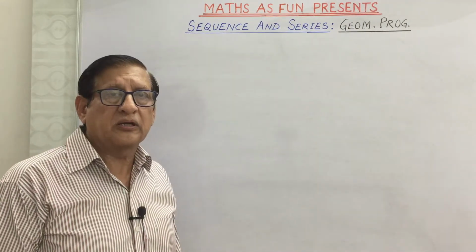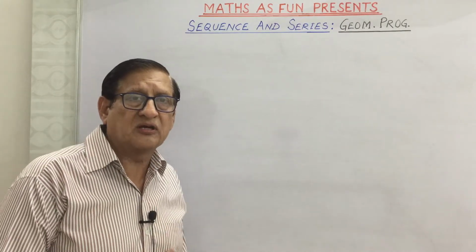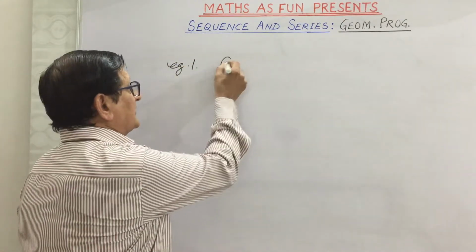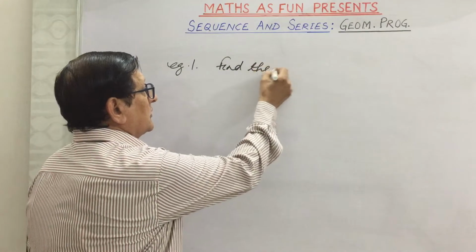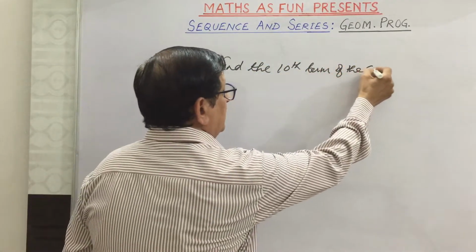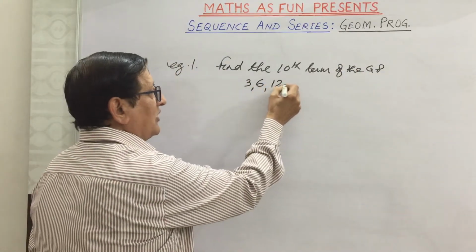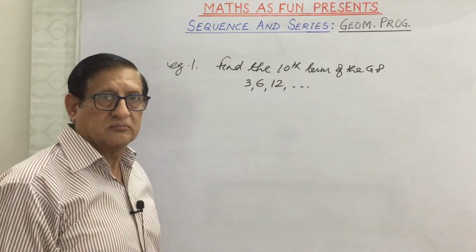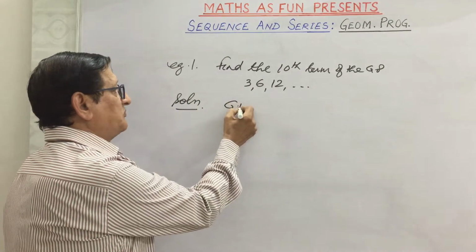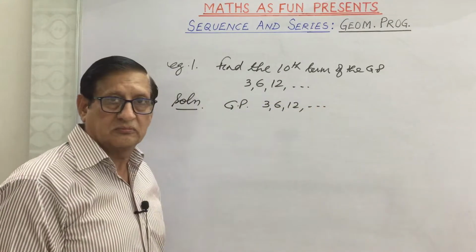To understand the application of the general term, let's discuss some examples. First example we are taking is: find the 10th term of the GP 3, 6, 12 and so on. To find out the solution, we write the GP which is given to us: 3, 6, 12 and so on.